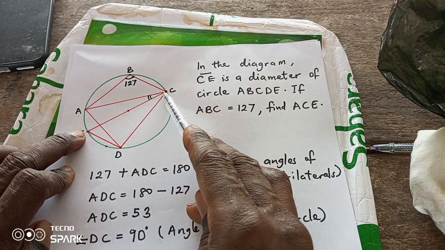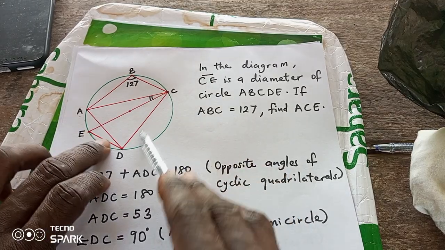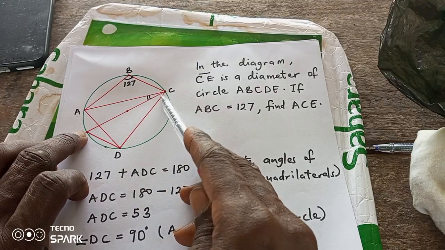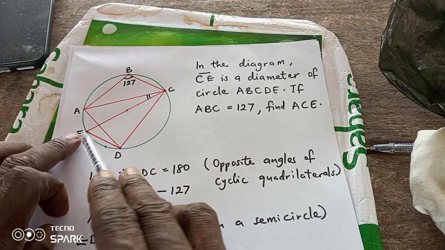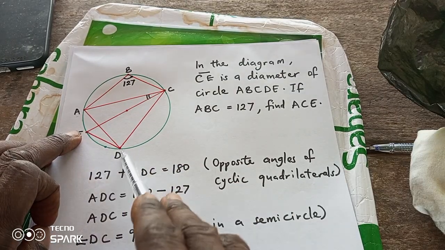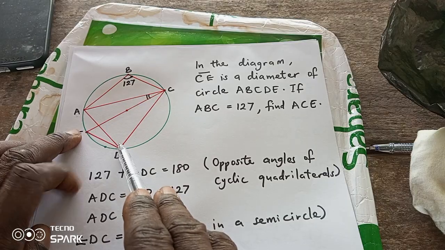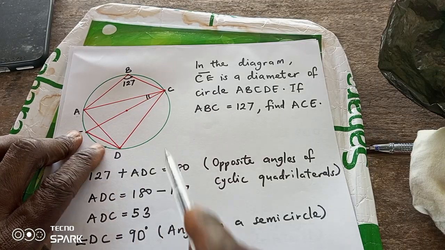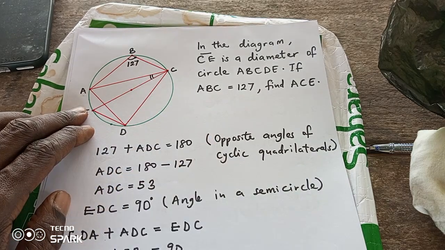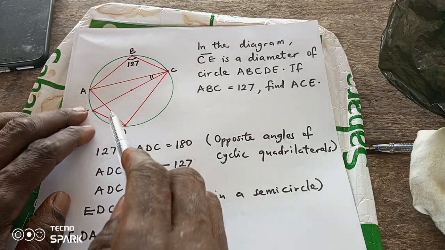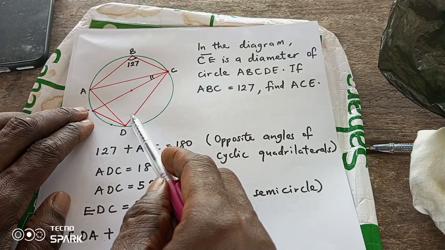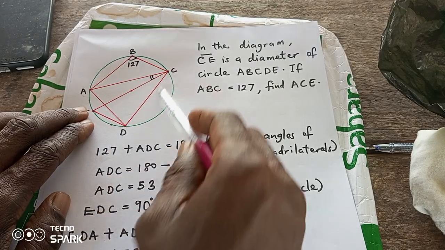So if this is the diameter, the angle it makes with the circumference here, the whole angle EDC, should be equal to 90 degrees. And we have already found ADC to be 53.